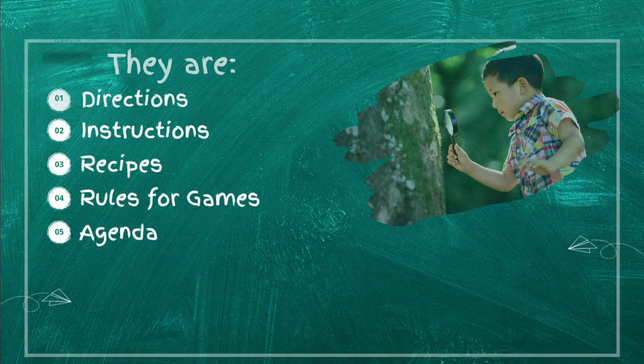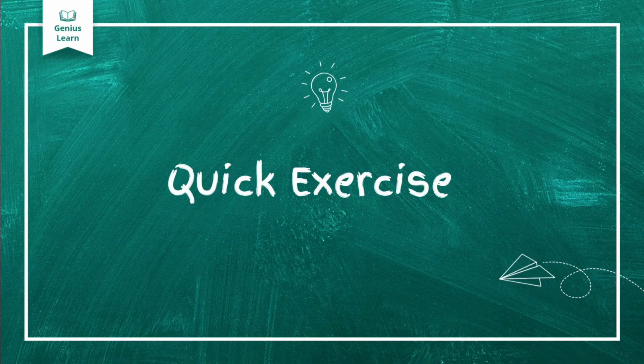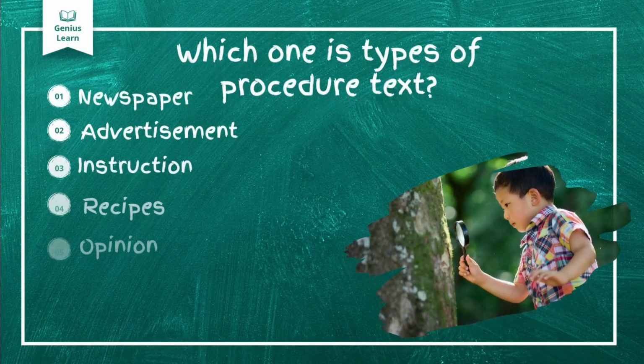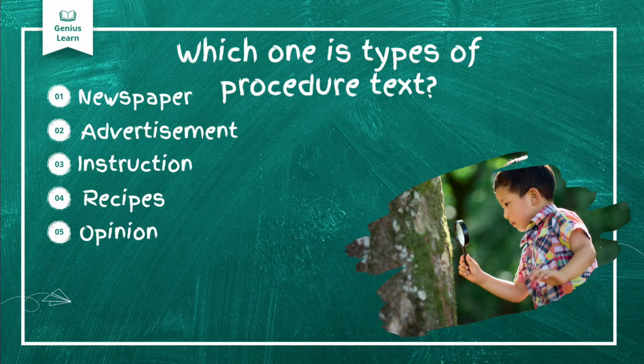Okay, so let's have a quick exercise. I will test you about previous materials, so I want you to analyze which one is the type of procedure text. As you can see here, there are 5 points. The first one is newspaper, and then advertisement, and then instruction, and then recipes, and then also opinion.